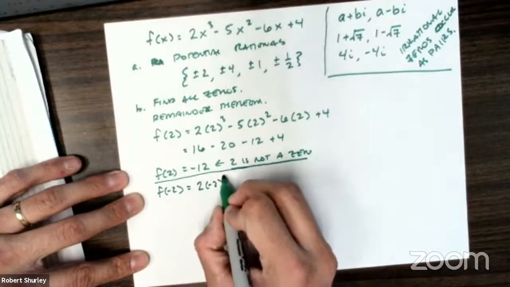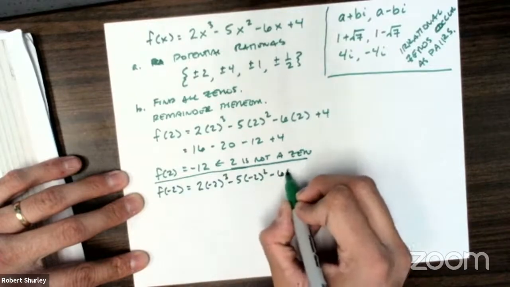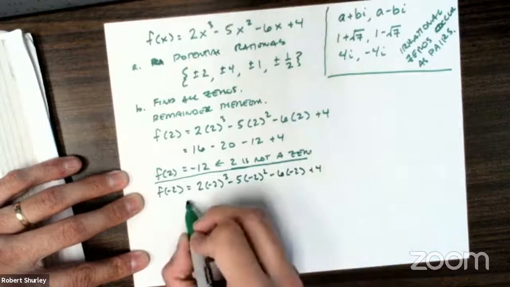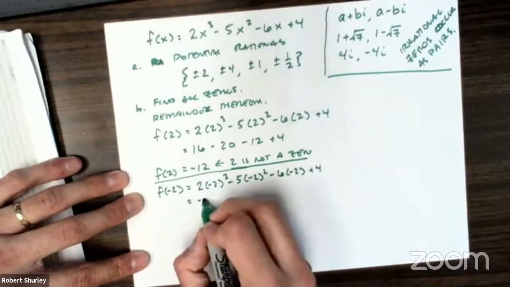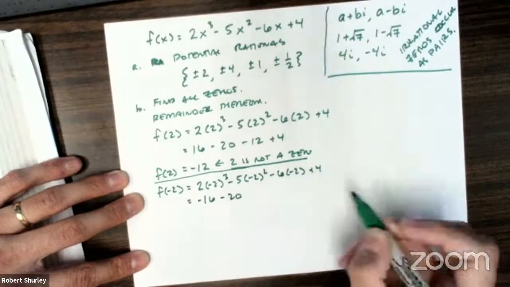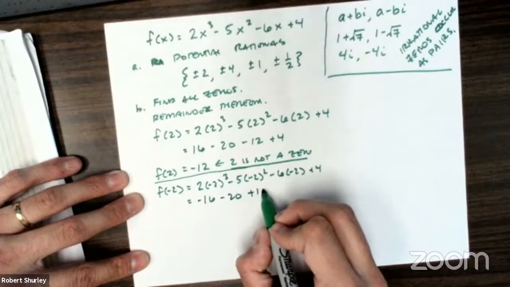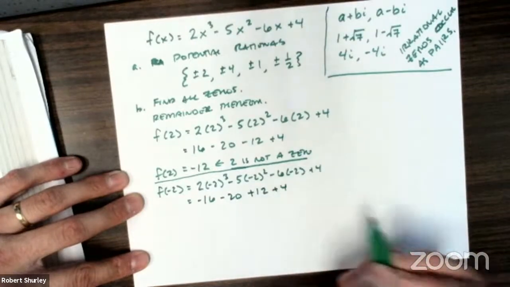2 times negative 2 cubed minus 5 times negative 2 squared minus 6 times negative 2 plus 4. So negative 2 cubed is negative 8, it keeps the sign. Times 2, that's negative 16. 4 times negative 5, that's minus 20. Plus 12, not 18. Plus 4.